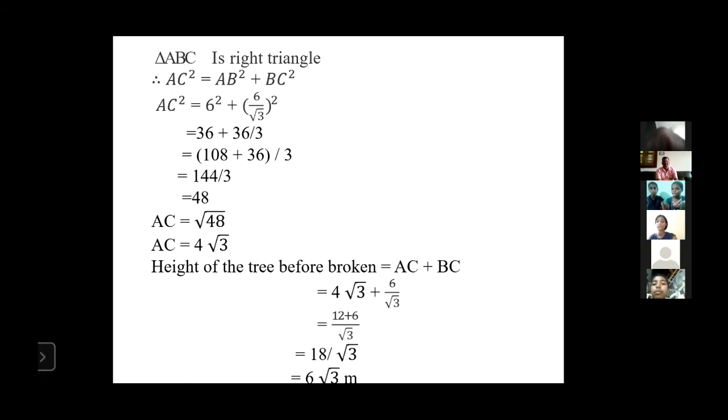Again we need to do rationalization. 18 by root 3 into root 3 by root 3. 18 into root 3 is 18 root 3 by root 3 into root 3, which is 3. By cancelling that we get 6 root 3 meters. This 6 root 3 meters is the total height of the tree.